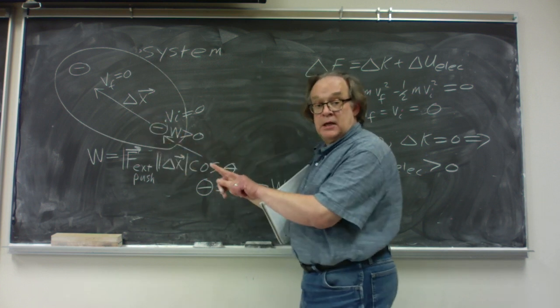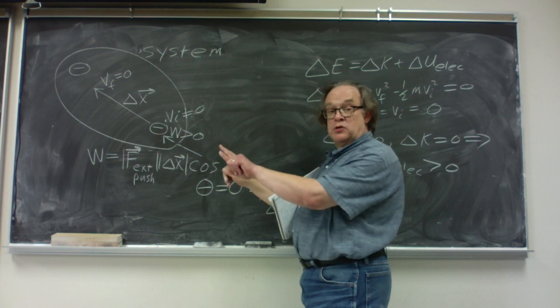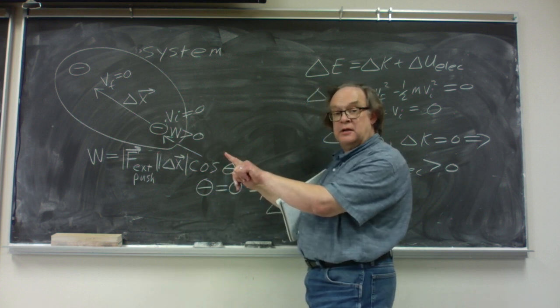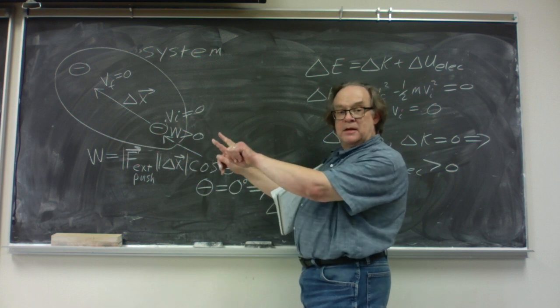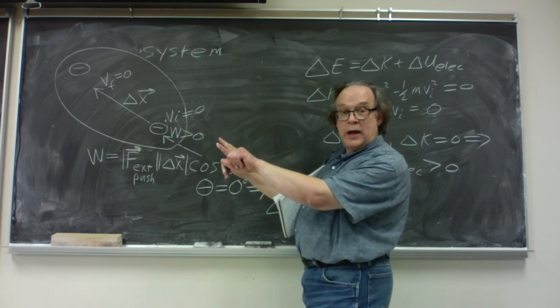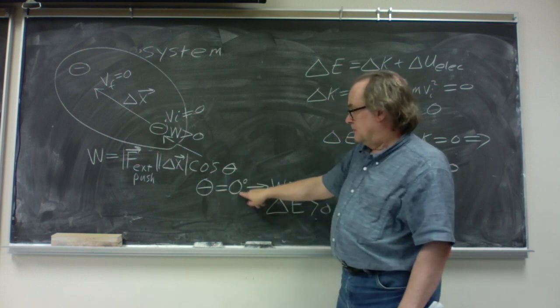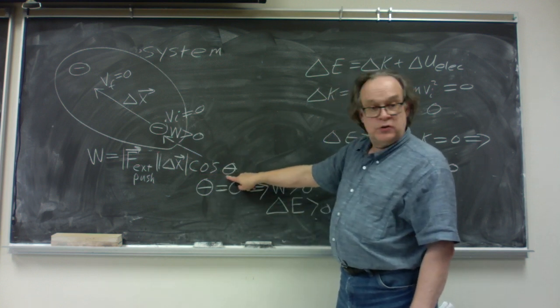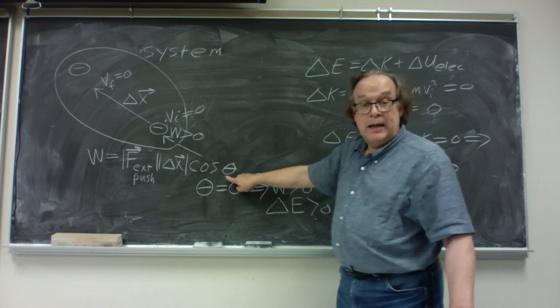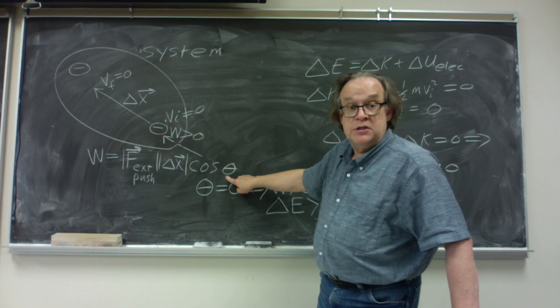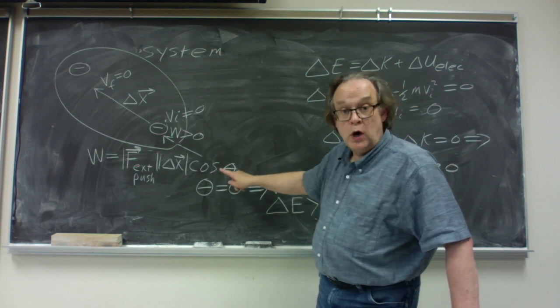In this case, displacement points the same way. So you've got displacement and force in the same direction, so the angle between the force direction and the displacement direction is no angle at all, 0 degrees. So this last factor here is cosine of 0, and trigonometry tells us that the cosine of 0 is 1, positive 1.